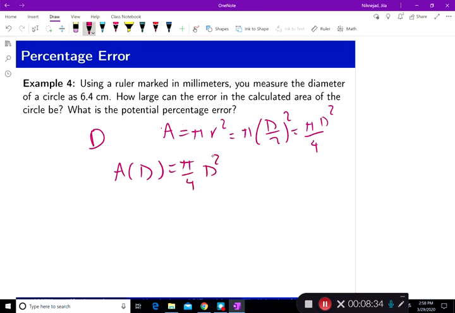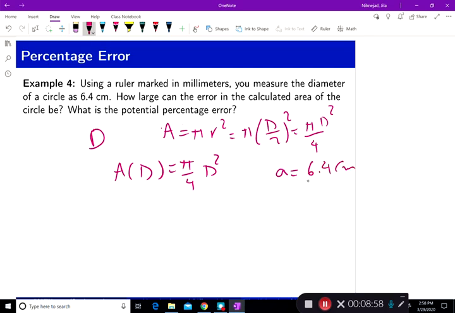Now it's asking how large can the error in calculating the area of the circle be. Now, d is measured as 6.4. That's the a, where we put the tangent line.